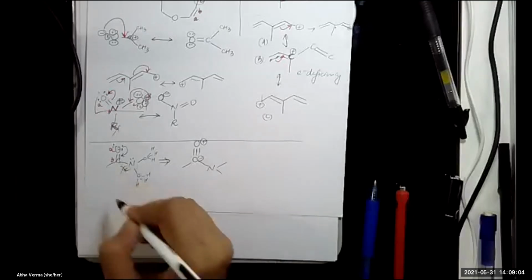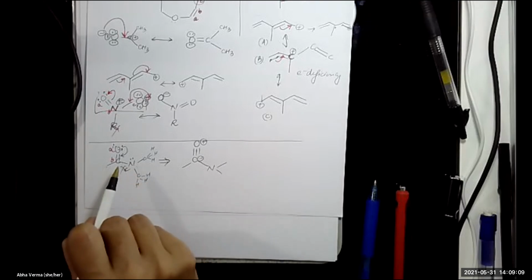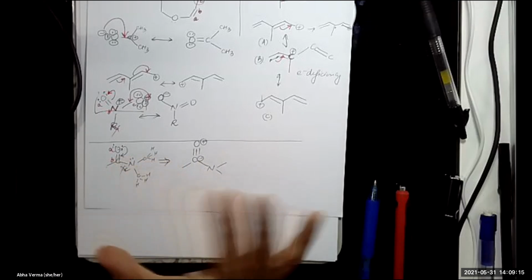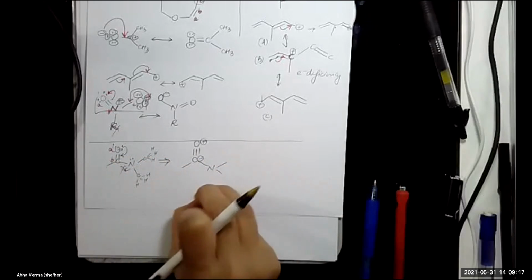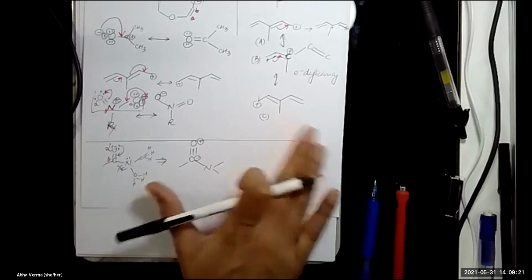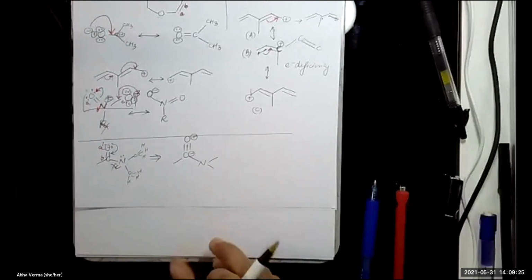No. Remember, we cannot just break a single bond. At least you have to memorize that part. You cannot just break a single bond, unless it's a good leaving group and we are doing some stringent conditions for it. But for your course, until we reach module 6, you don't have to look at that.